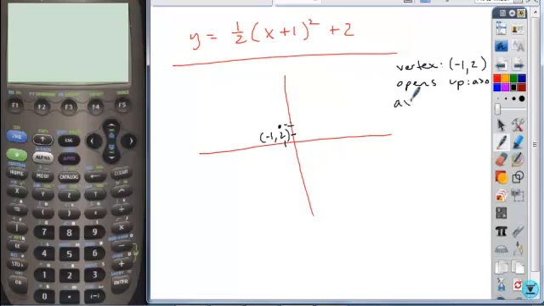And we can also find our axis of symmetry. It's x equals what? Remember, the axis of symmetry is always going to be a vertical line through the x-coordinate of our vertex, so x equals -1.